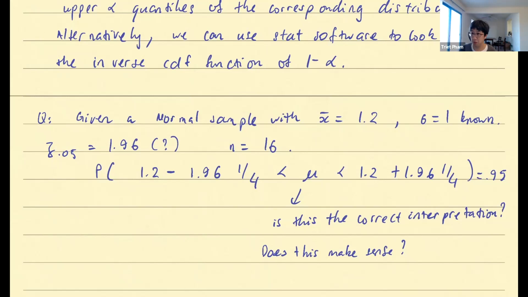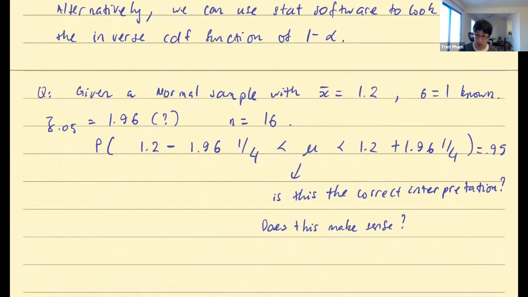So let me ask you an alternative question. What do we say about the nature of mu, or the nature of the parameters in this class? What is our stand-in assumption for parameters in this class? So mu is assumed unknown, but a constant. That's our stand-in assumption.